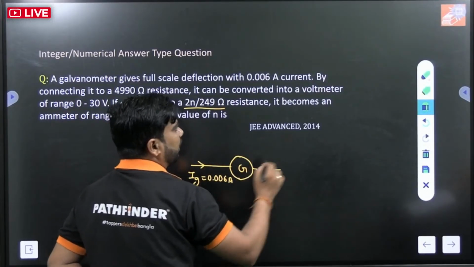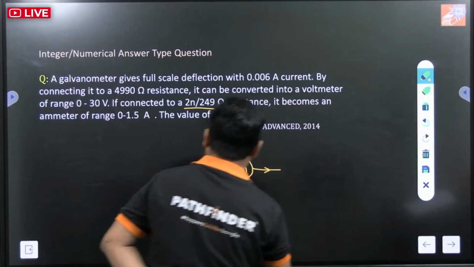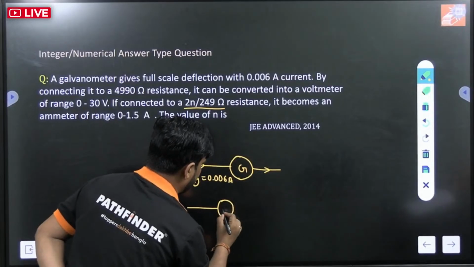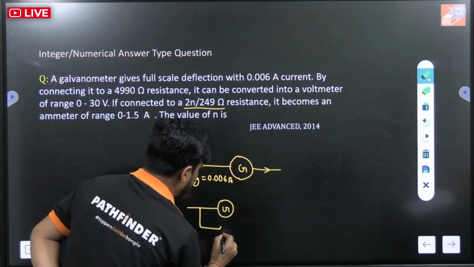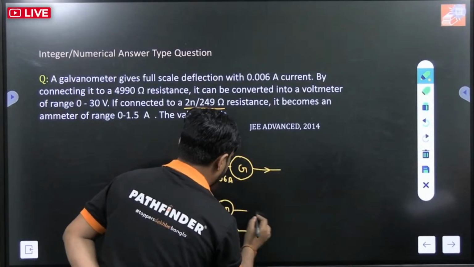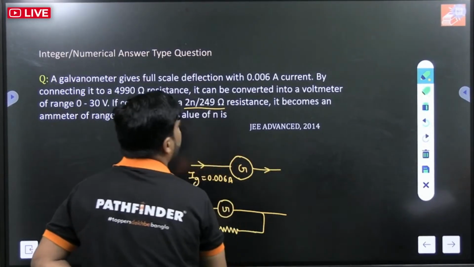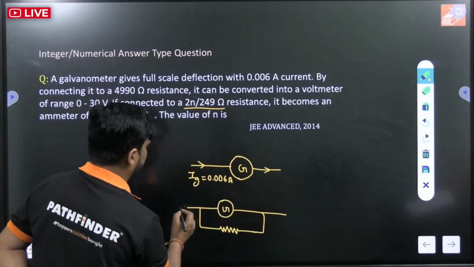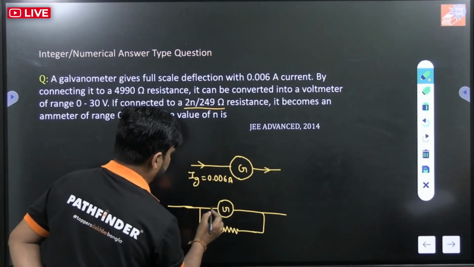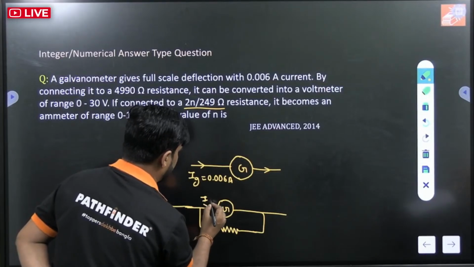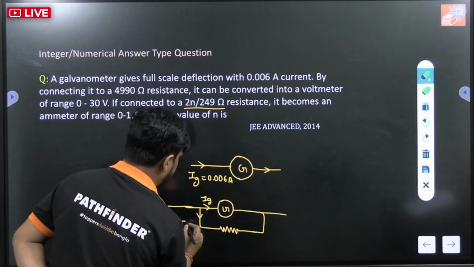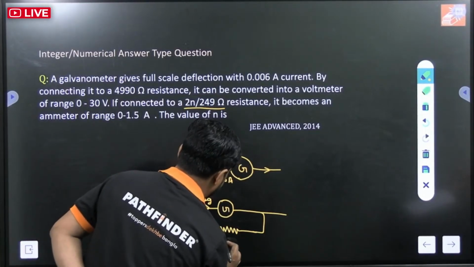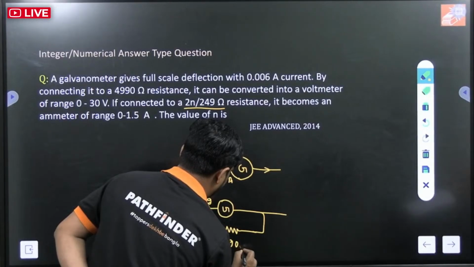Okay. So let's proceed this way. Let's connect it to a resistance of 4990 ohm. So here it is Ig, here it is I minus Ig, right? And here its resistance is 4990 ohm.